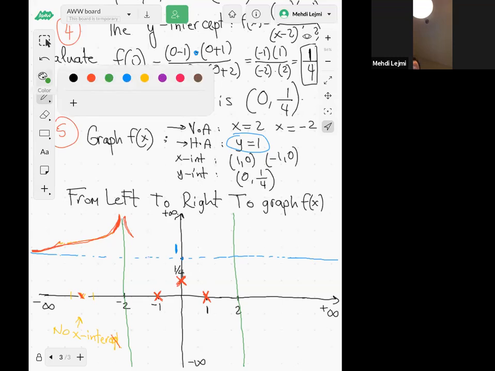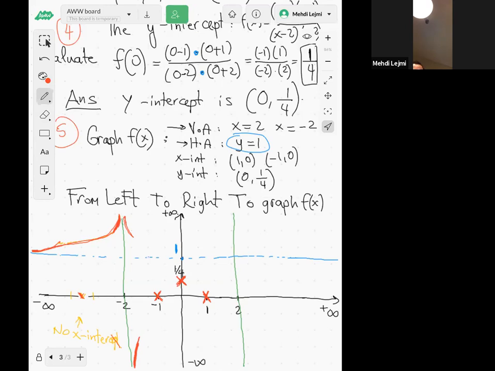You can start from down here, close to your vertical asymptote, at infinity here. And so again, you're going to have two options. Now, which option is going to be the right one?